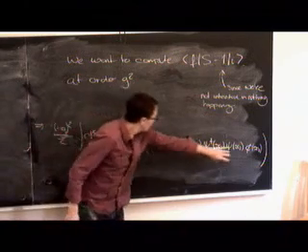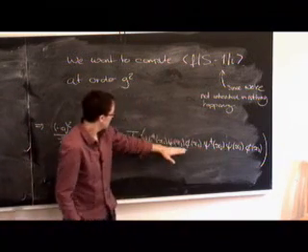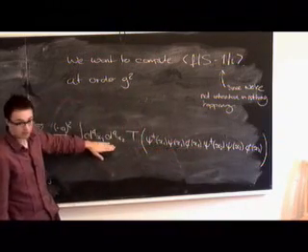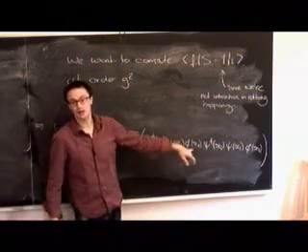So we get H squared. The interaction Hamiltonian is evaluated at 2 different points, x1 and x2. You then integrate over those points, but you have to time order this guy here.